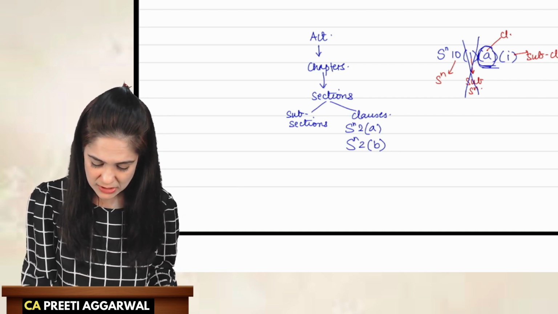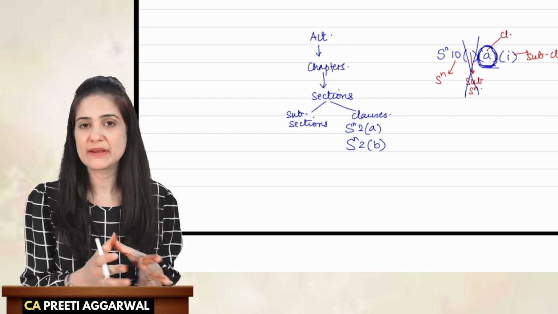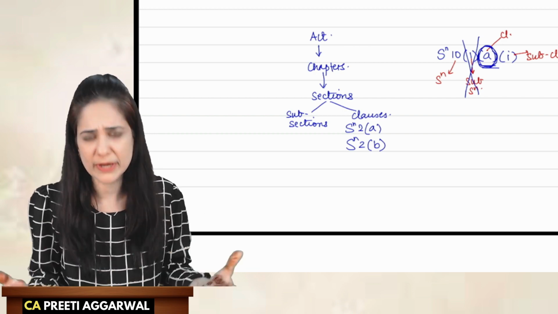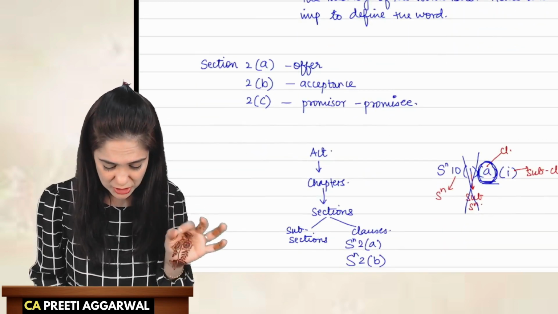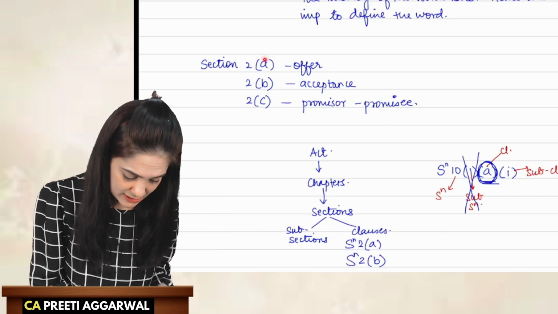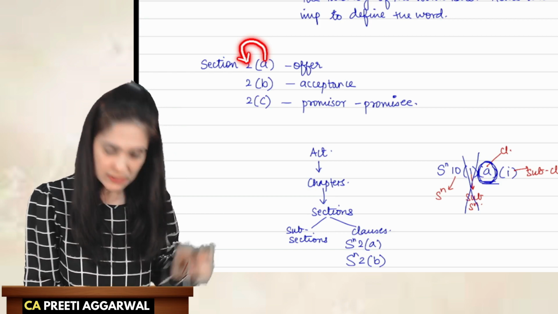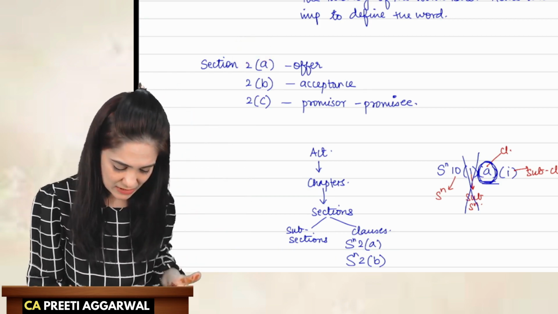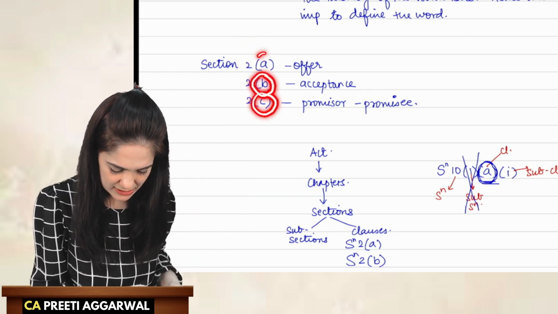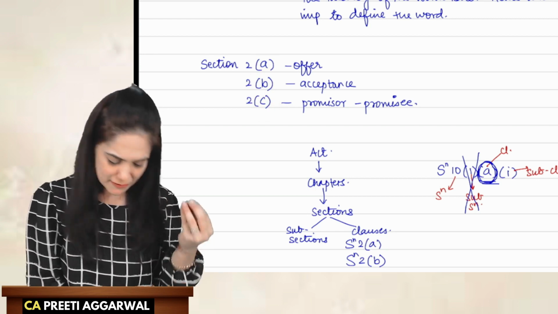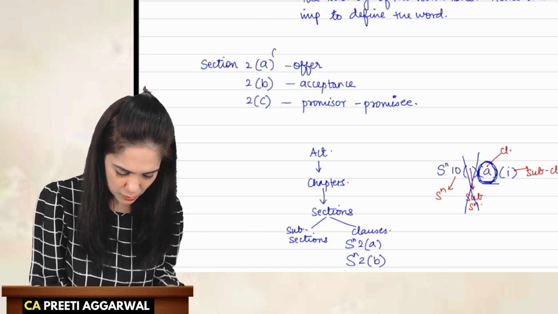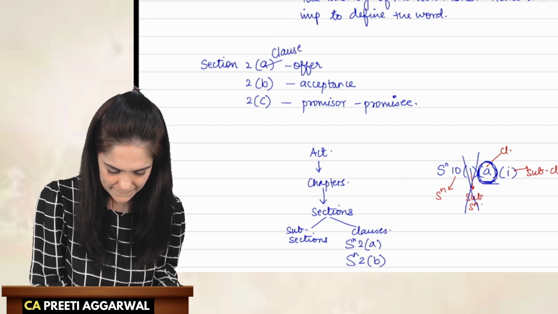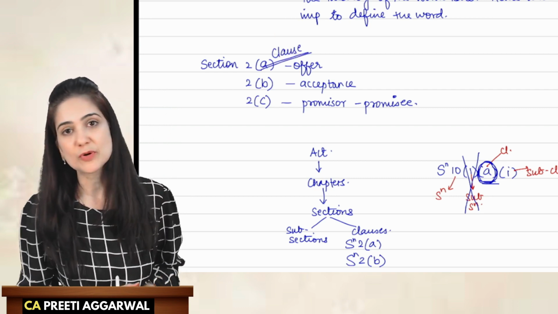Now, a clause is used whenever you want to explain a new concept or a new point. In case of a definition, each definition is unique. It is not connected to the section heading. Each definition is unique. That is why after the section, instead of using a subsection, we directly jump to a clause.